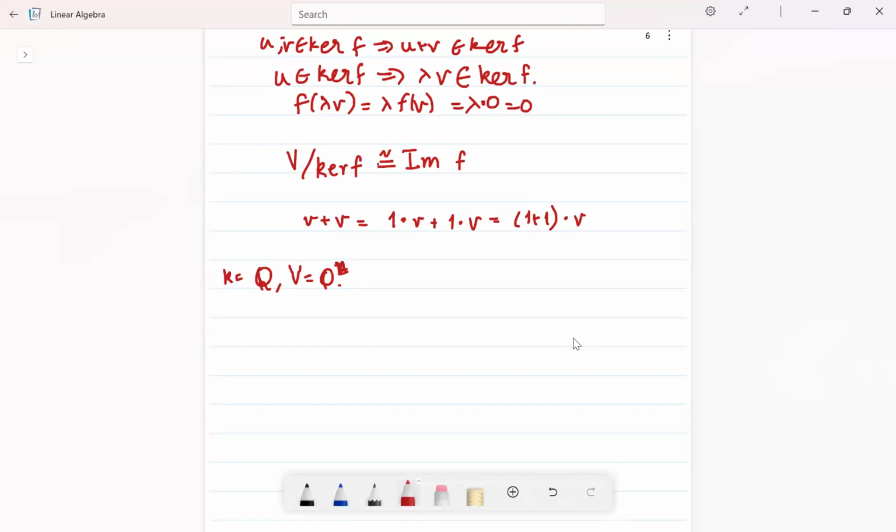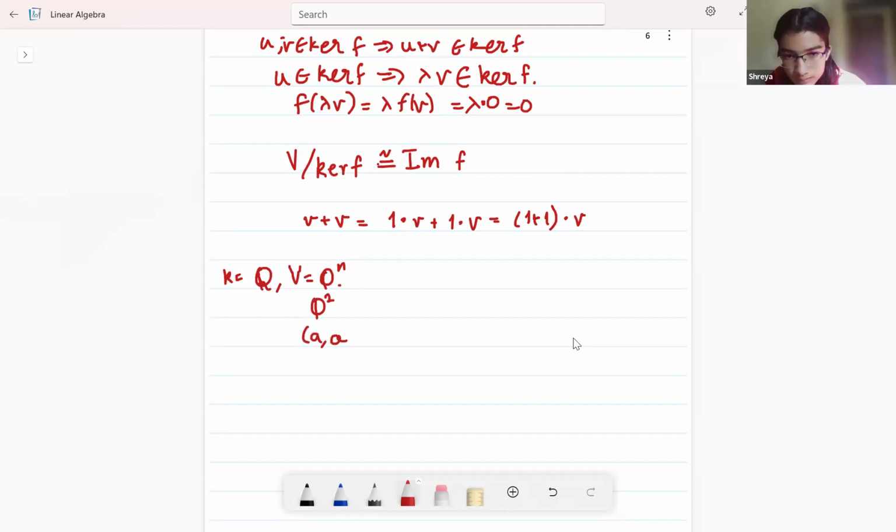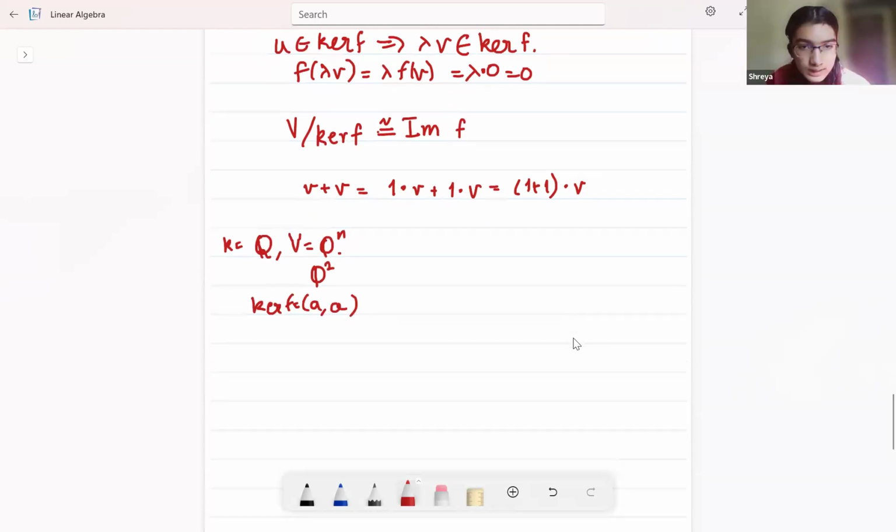No, that won't work, because integers are not a space. Just take Q square and take anything of the form a comma a as your kernel. Yes, okay, so this is our kernel.